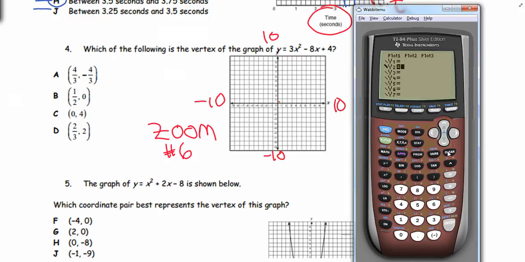We had another equation here, and let's go back up and let's see if we can find our vertex. So type it in exactly like you see it: 3x squared minus 8x and plus 4. Alright, and let's do our zoom 6 to make sure that we're on the right spot here.